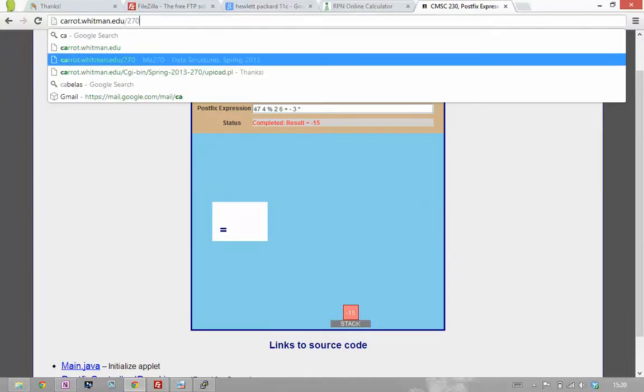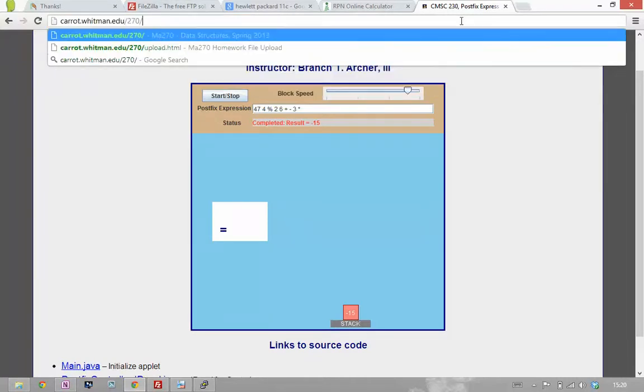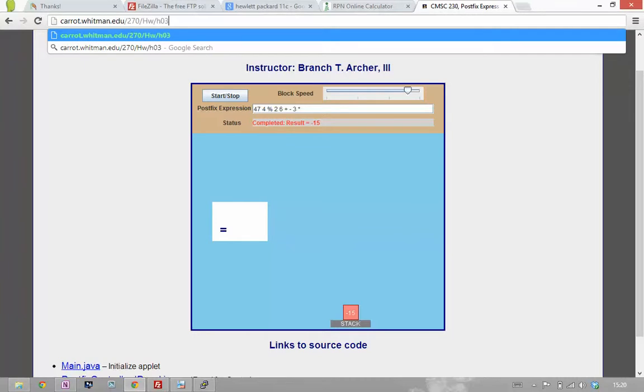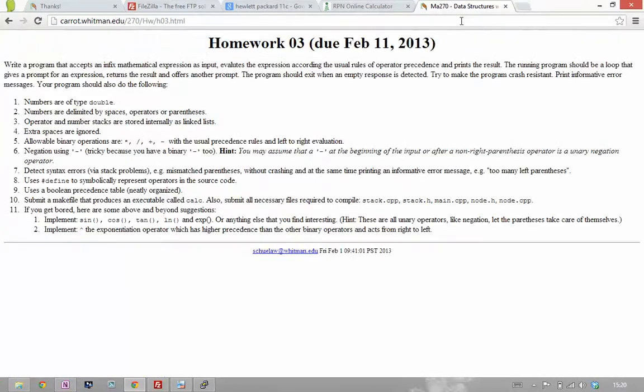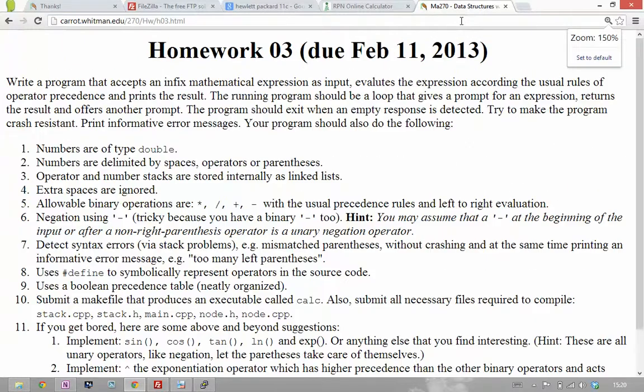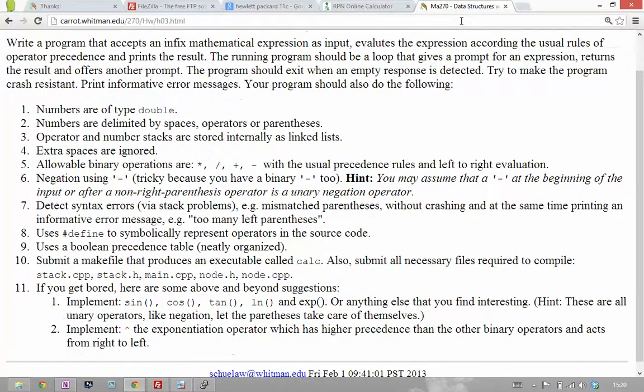Okay, so... Here, let me pull up my description of the homework in the remaining 13 seconds. Like I said, I haven't posted this yet, and it's not something that you really need to be looking at yet, but if you're curious about where we're headed. So number 6. The hint there describes what I'm doing anyway, which is to assume that a dash at the beginning of the input or after a non-right parenthesis operator is a unary negation operator.